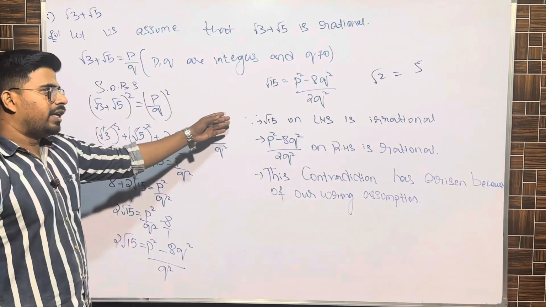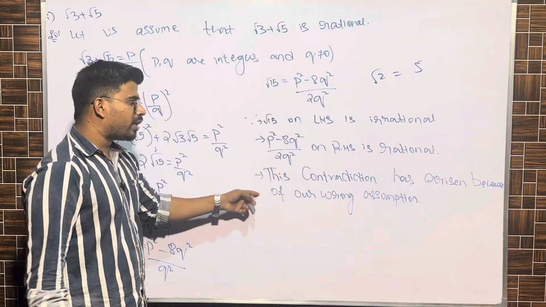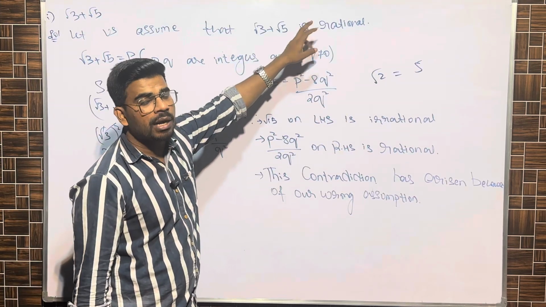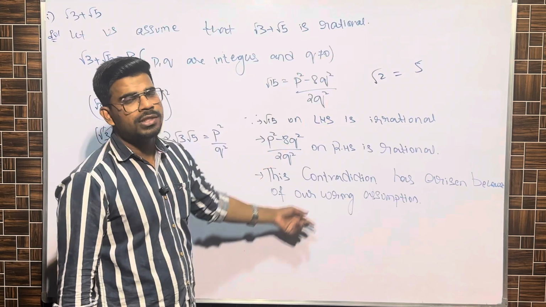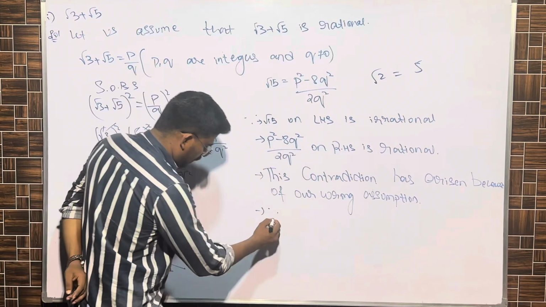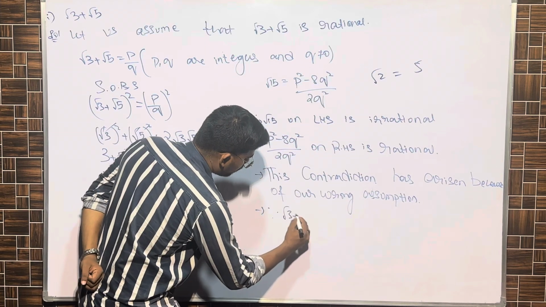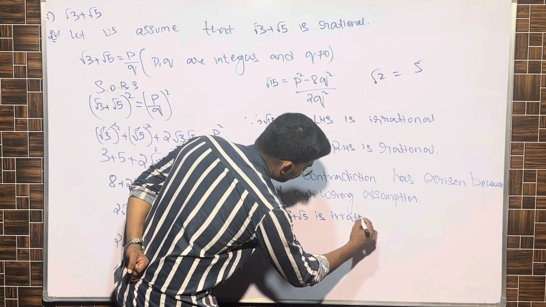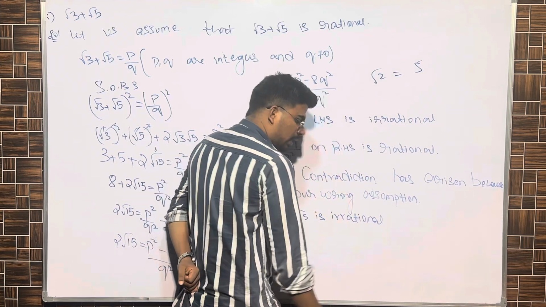An irrational number and a rational number looking equal, this contradiction has arisen because of our wrong assumption. What did we assume? We assumed that the number might be rational, but that is not true, which means the number is irrational. Therefore, root 3 plus root 5 is irrational. This is how we prove.